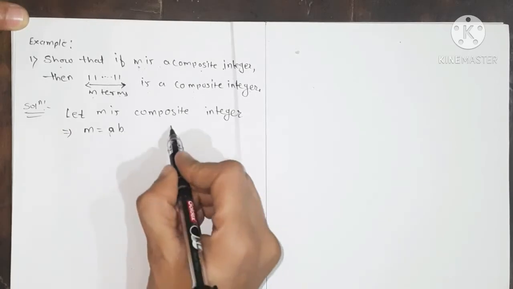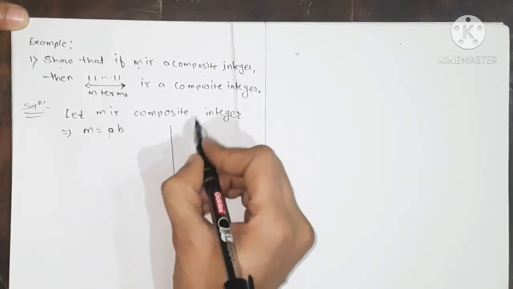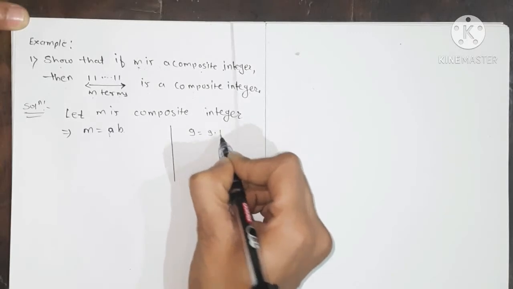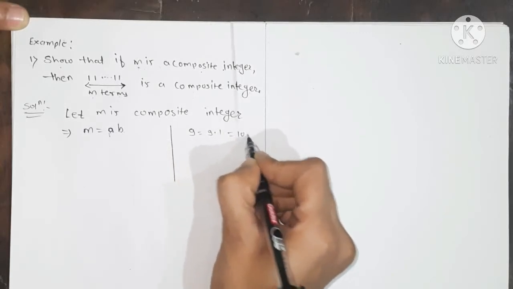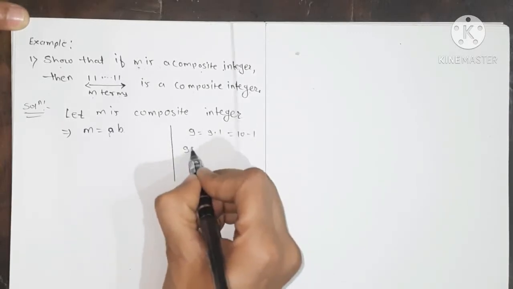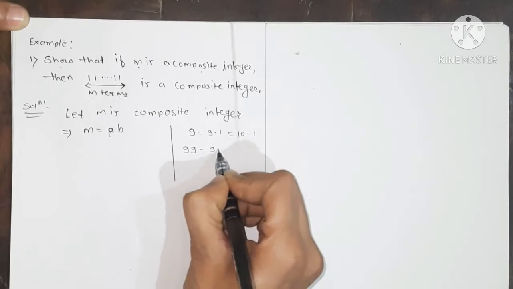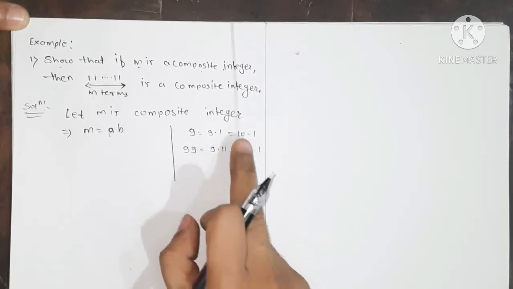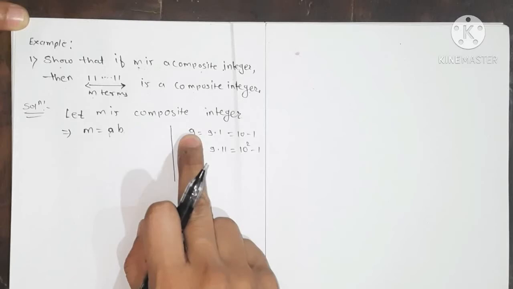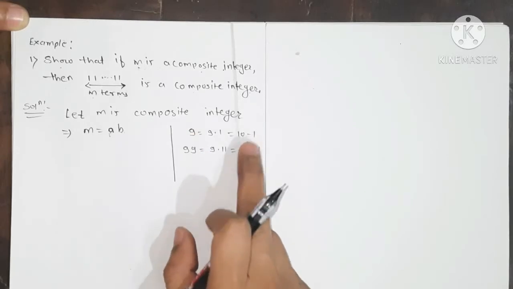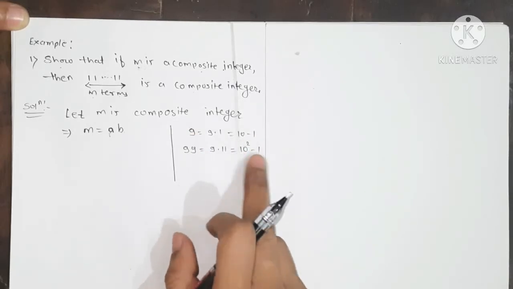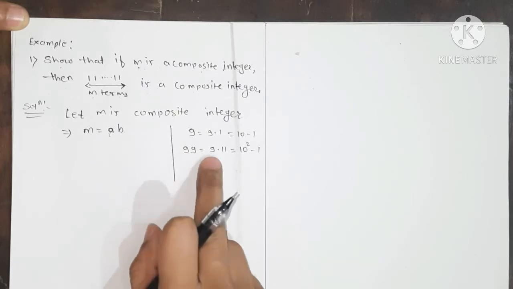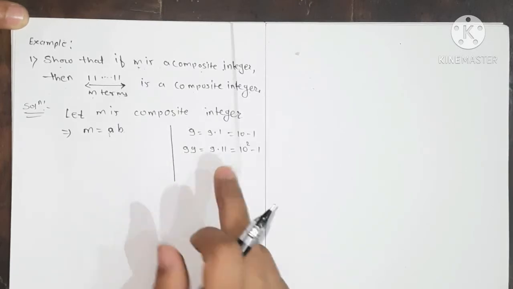Now, we have the hint that we can write 9 equals 9 into 1, that is equal to 10 minus 1. And 99 is equal to 9 into 11, that is equal to 10 square minus 1. 10 minus 1 is our 9. 10 square is 100, minus 1 is 99, and we write 99 as 9 into 11.